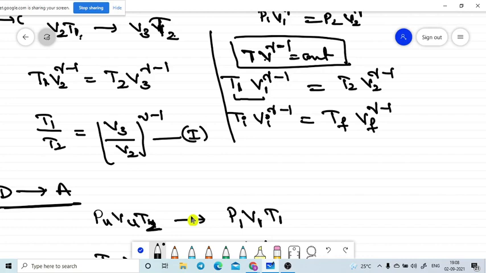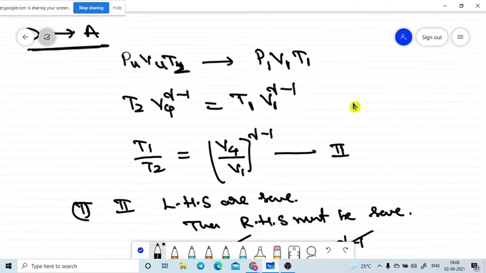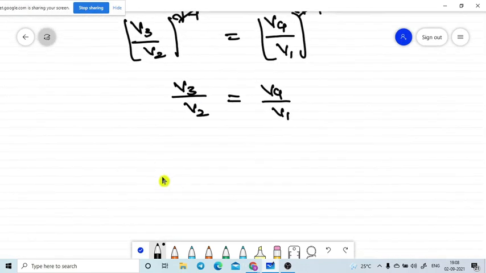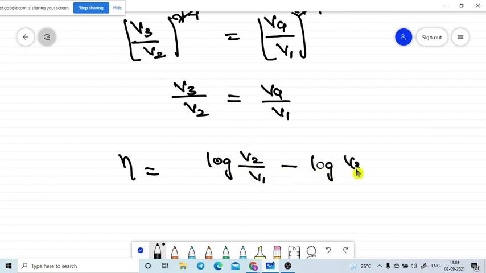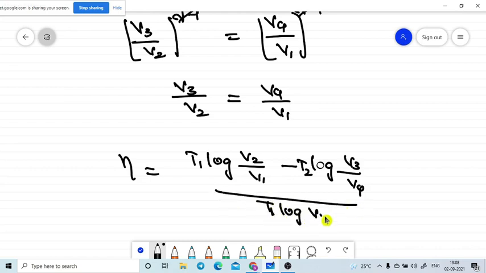So where we stopped, our problem is eta is equal to, let anybody please tell me the eta value, where eta is equal to the expression with log of V2 divided by V1 minus log of V3 divided by V4, in terms of T1 and T2.